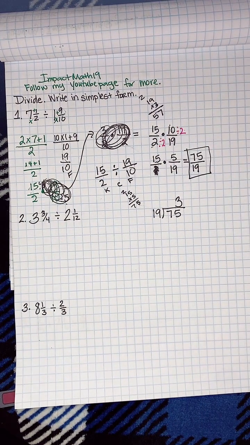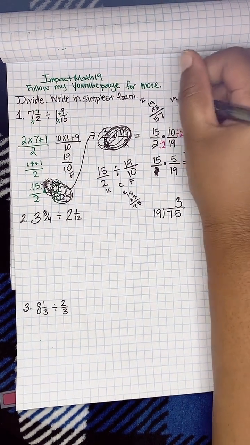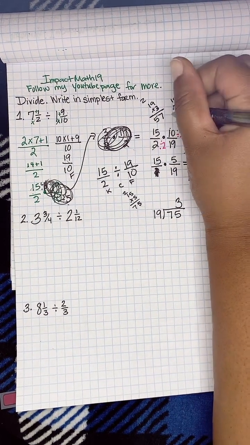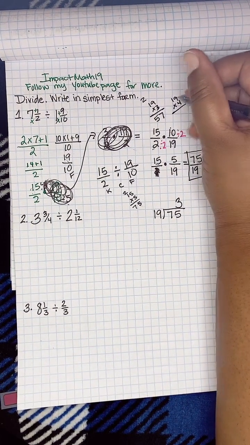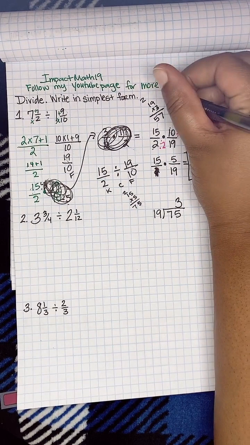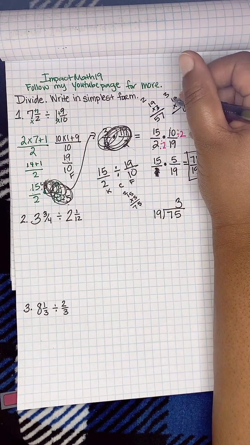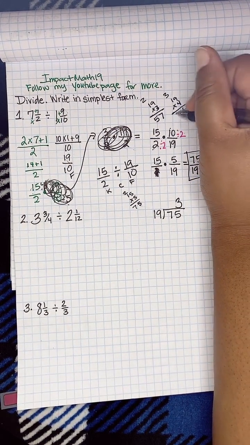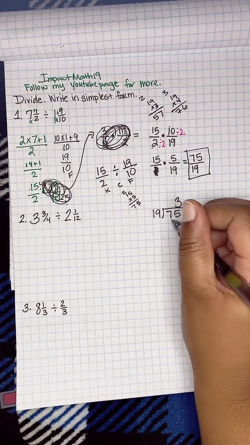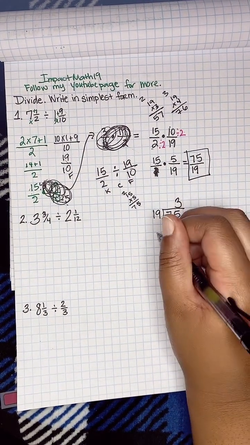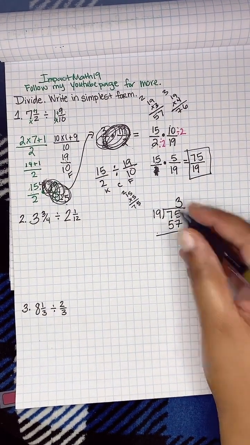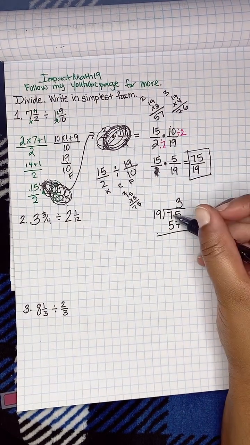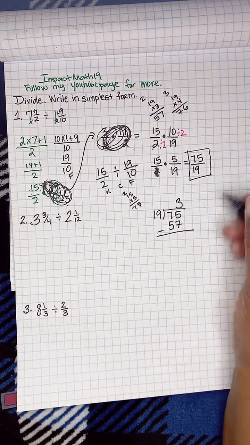Can we get another 19 in there? 19 times 4. Let's see. So 4 times 9 is 36. And then 4. Nah, that's always too much. Okay, good. So we got 57 here. And then we're going to do 75 minus 57.